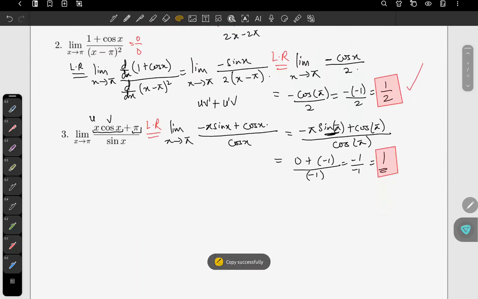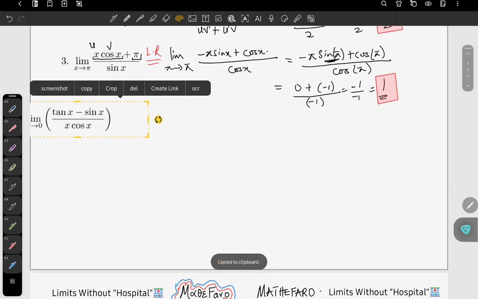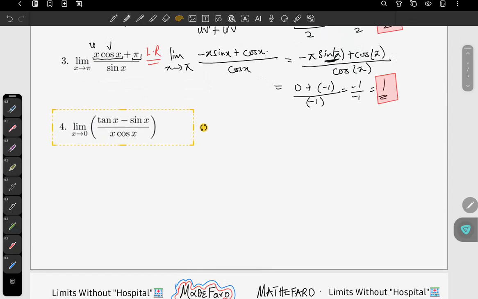Copy, paste. Again, initial direct substitution will give us 0 over 0, and we can go ahead with L'Hopital's rule, and this is equal to the limit as x goes to 0 of, thankfully we have seen the derivative of the denominator in the previous question, that is cos x minus x sine x.